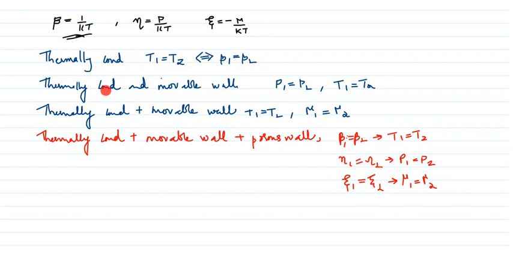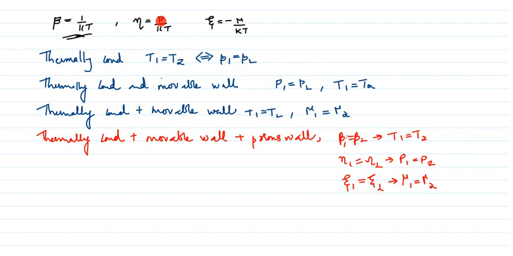Now if the wall is thermally conducting and movable, equilibrium will be reached when T1 will be equal to T2. That is what we explained before. And from here you can see that if the wall is movable, then the equilibrium volume will be settled when P becomes the same in each compartment.